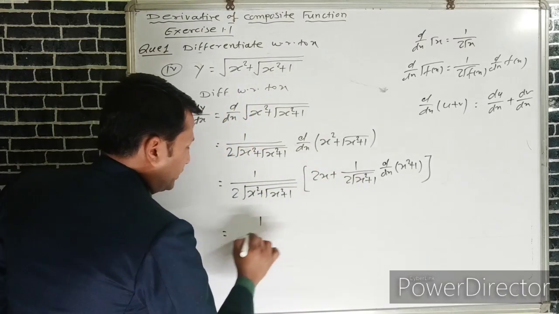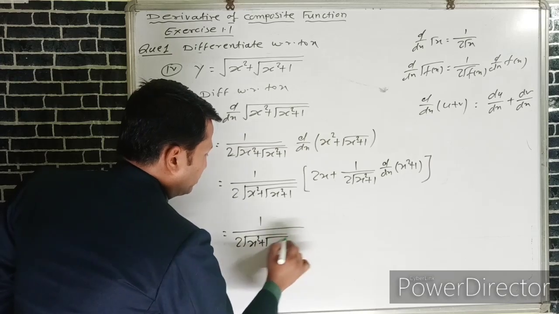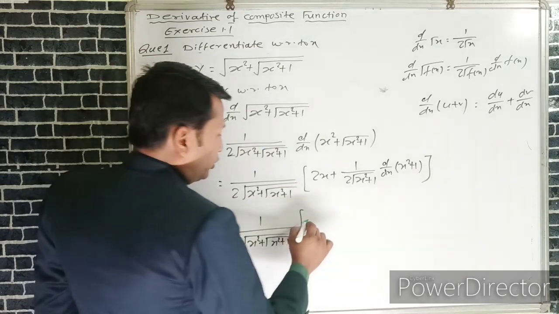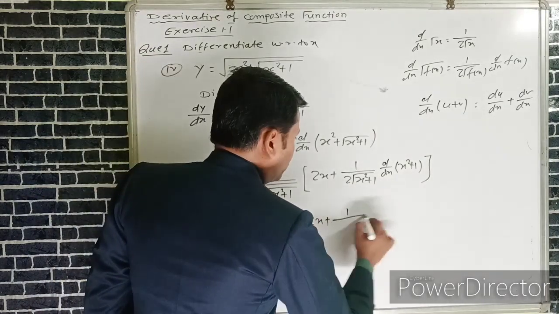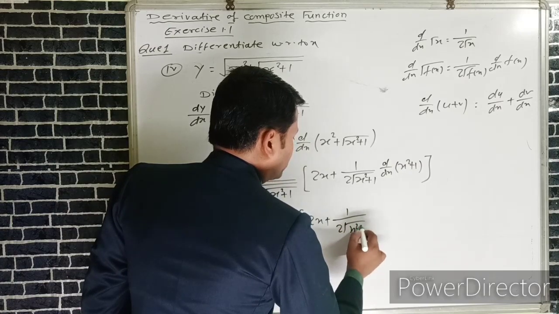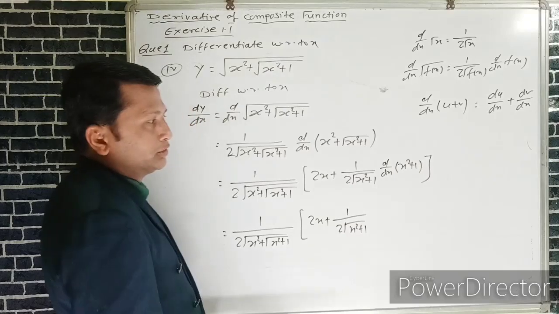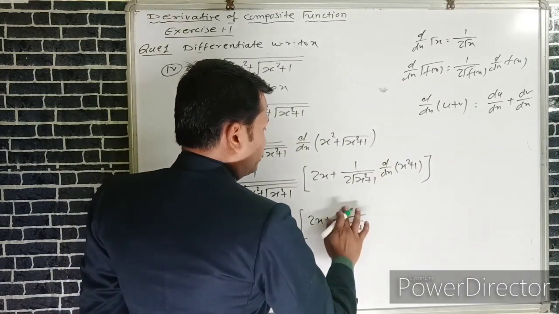After that, we can write it 1 upon 2 under root of x square plus under root of x square plus 1 into 2x plus 1 upon 2 under root of x square plus 1, and the derivative of x square is 2x, the derivative of 1 is 0.